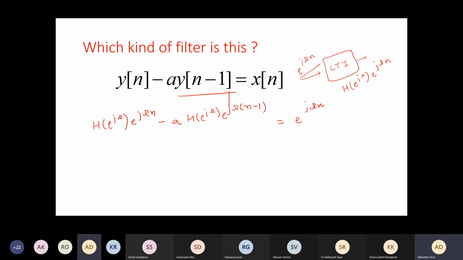If this equation is known, then you can simply find what is H(e^j omega). So H(e^j omega) minus a times H(e^j omega) e to the power minus j omega is 1, right? I just have cancelled out this term from the three parts, so we get a nice equation like this. Once this is known, H(e^j omega) is simply 1 divided by 1 minus a times e to the power minus j omega.